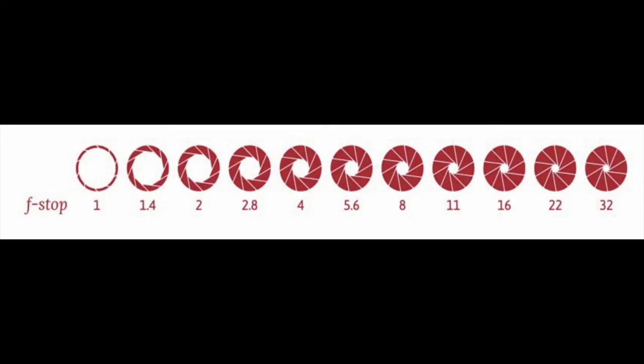So I press the shutter button down halfway and it'll come up with f5.6 or f8 or even f7.1 or f11. It'll come up with an f-stop. So now the camera is controlling the f-stop. You're controlling the shutter speed.